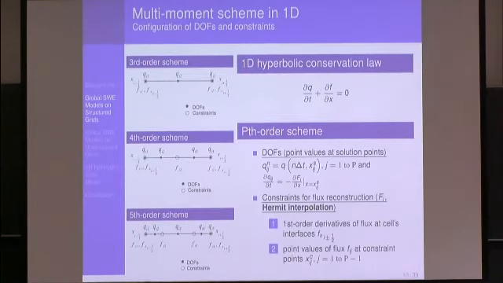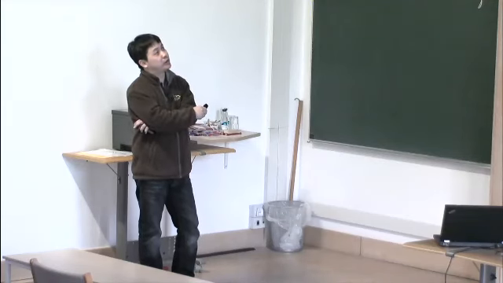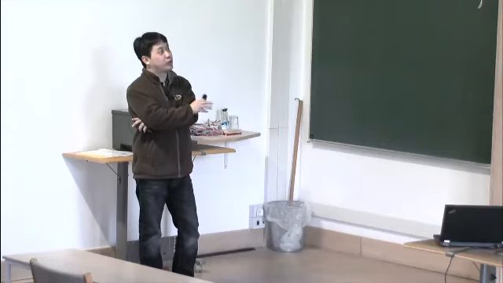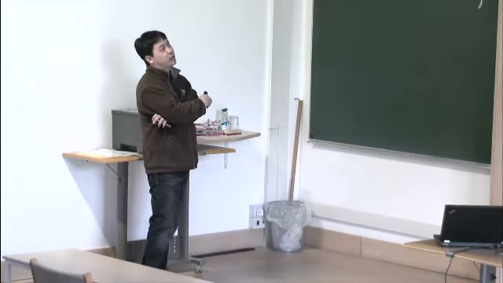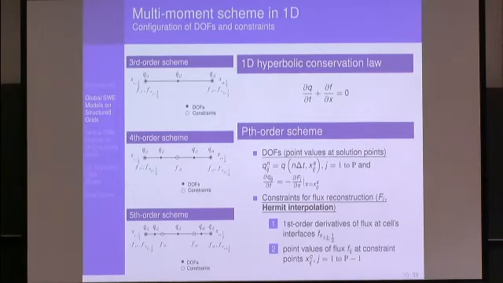As we know, the multi-dimensional numerical framework on a structured grid can be straightforwardly constructed based on the one-dimensional building block. So here we just briefly introduce the numerical formulations for the one-dimensional case, considering this one-dimensional hyperbolic conservation law.